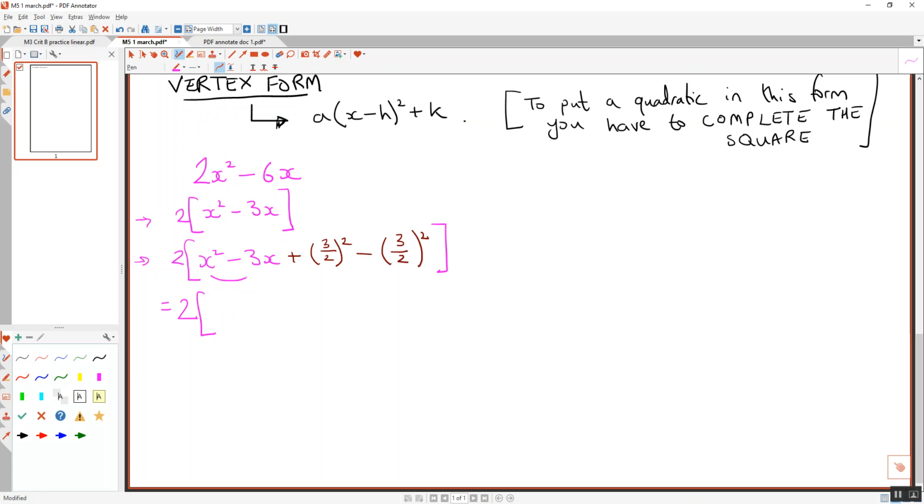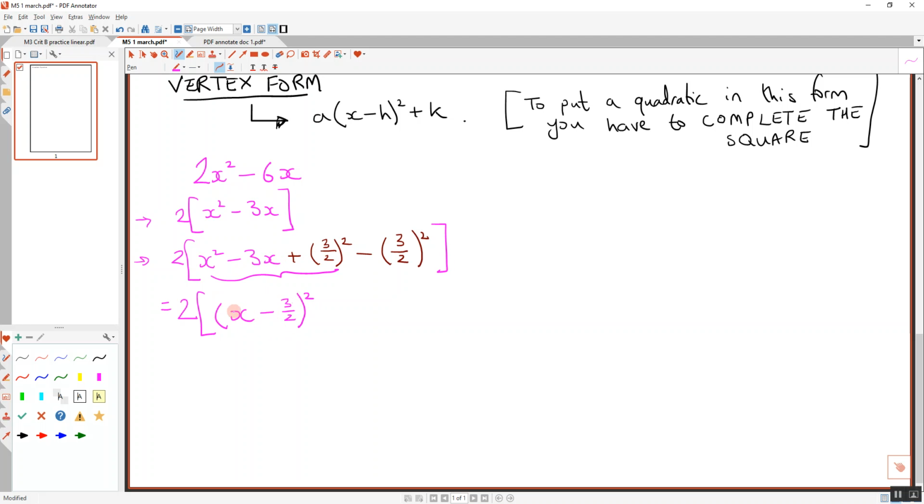Because these 3 terms I can combine into our squared part. So it's going to be x, because we've got x squared here, and we're going to have 3 over 2. So these 3 terms combine into the first part.